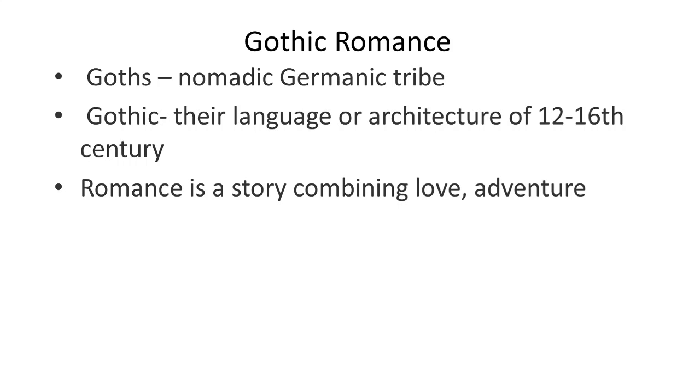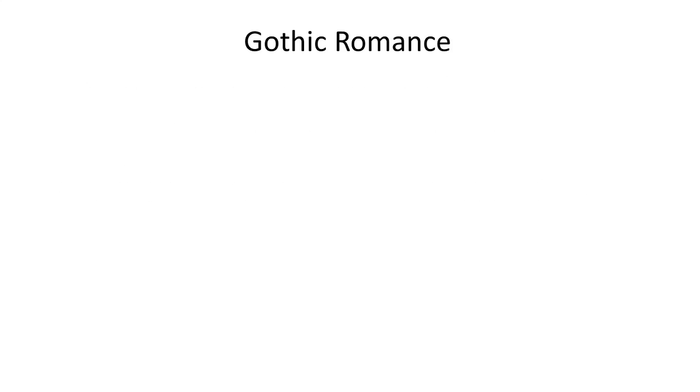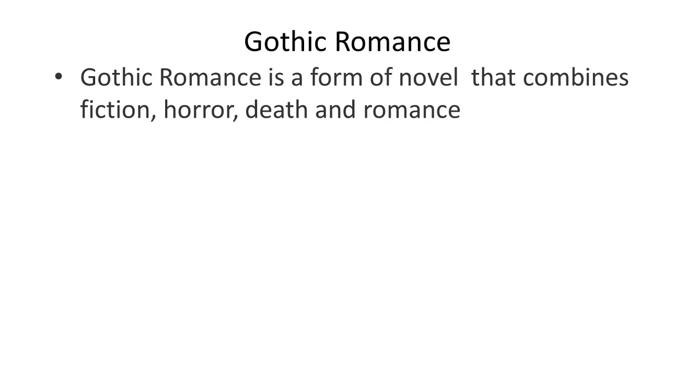So now coming to romance. Romance is a story which combines love and adventure. So Gothic romance, you can say, is a form of novel that combines fiction, horror, death, and romance. So Gothic romance is a form of novel.